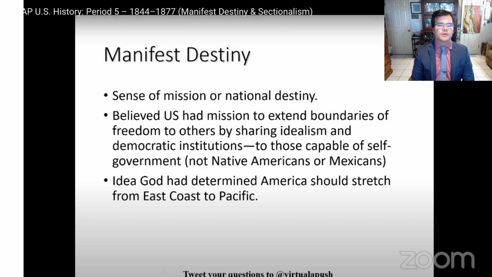His name was John O'Sullivan, and he coined the phrase in one of his articles, and people started to use it and kind of misquoted him. But essentially, it refers to moving west, expanding west, creating a national identity, a Pan-American identity, and spreading Western culture instead of Native American culture or Mexican culture, right?